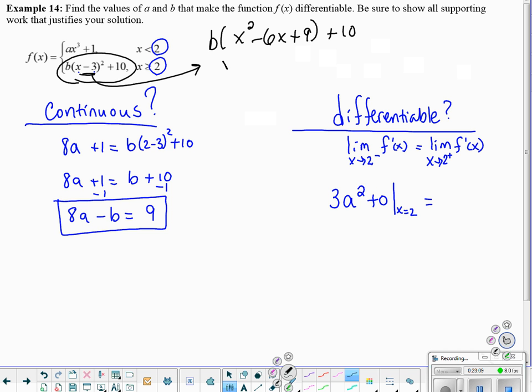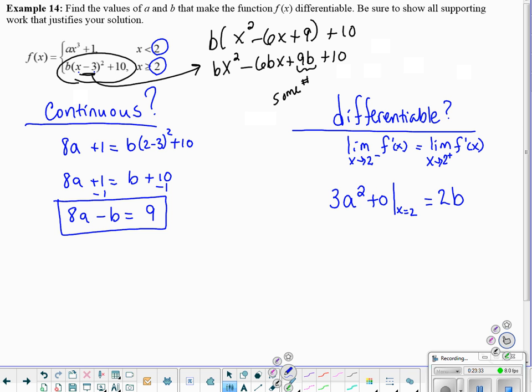Now let's send b through, and I'll have bx squared minus 6bx plus 9b plus 10. Notice that 9b would just be some number if I take 9 times a constant. I mention that because when we take the derivative, you're going to have to think that through.